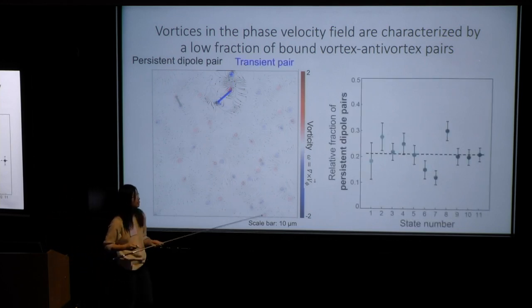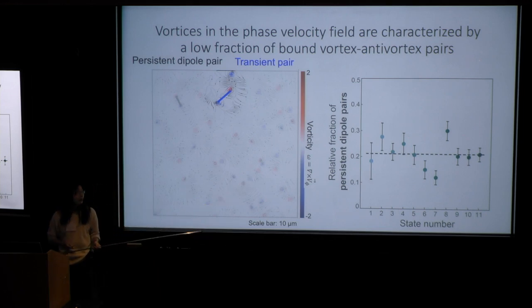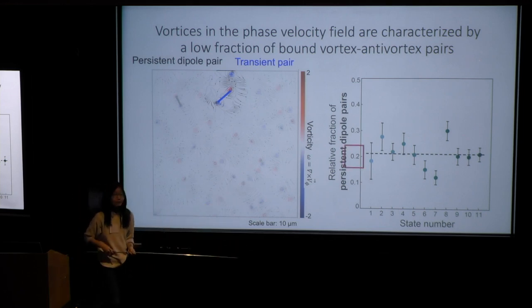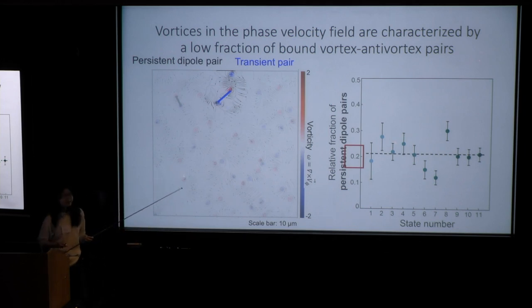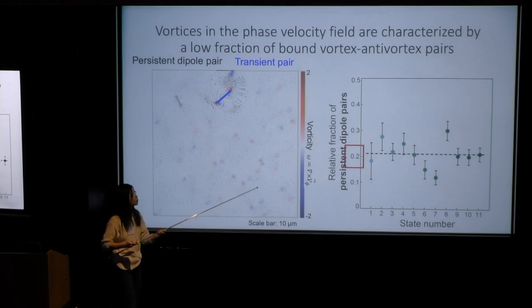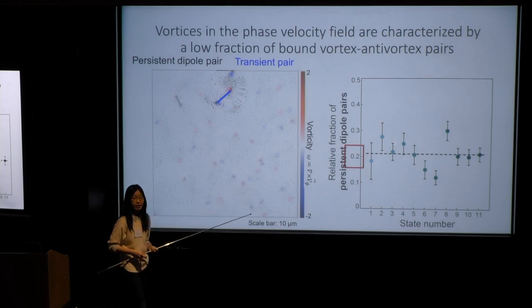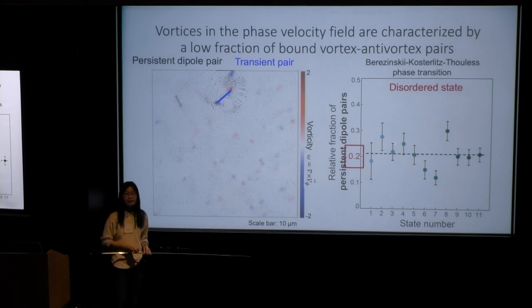It turns out that the fraction of persistent dipole pairs remains uniformly rather low across all the steady states we have, which suggests to us that the vortices in the phase velocity field are characterized uniformly by a low fraction of bound vortex-anti-vortex pairs, which is reminiscent of a disordered phase in the BKT phases.